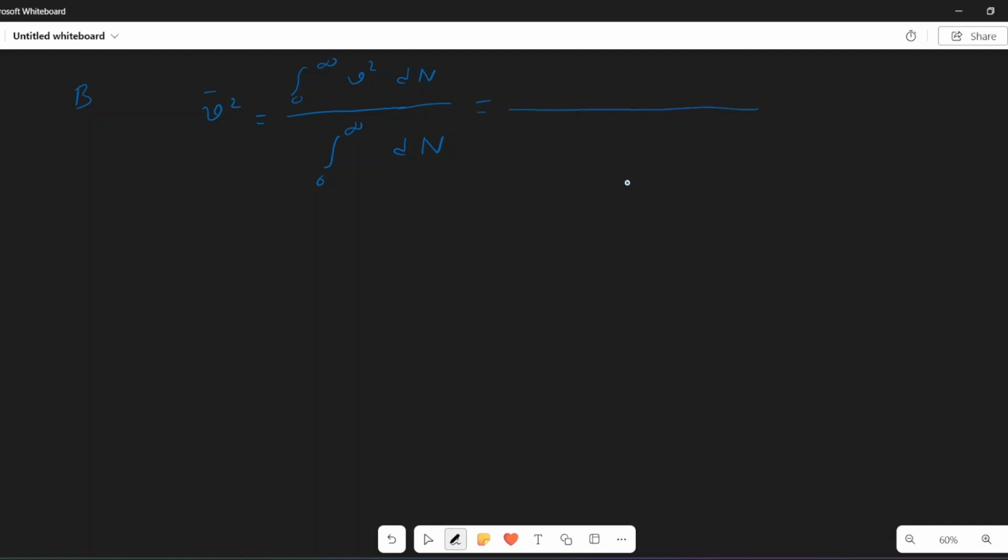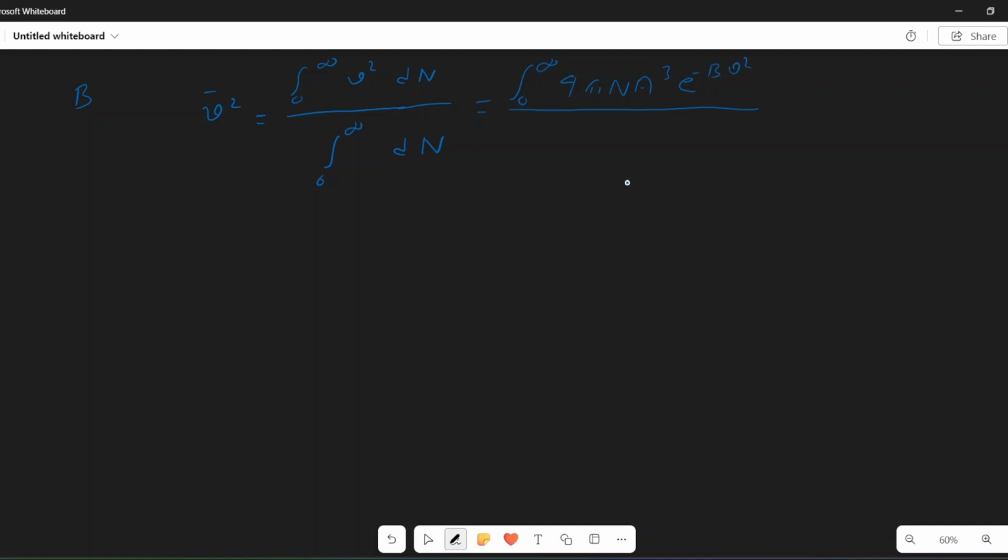We have already found the integration of dn, and that term we can write as 4 pi n a cube e to the power minus b v square.